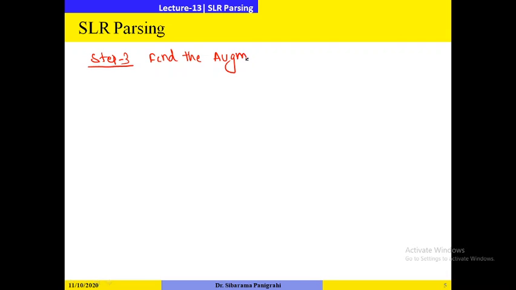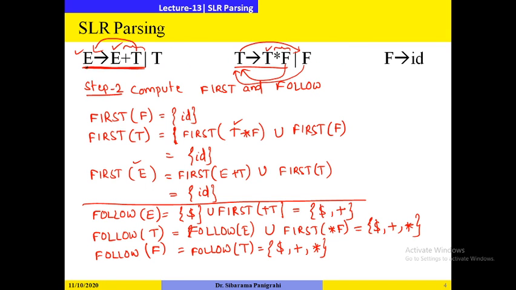So in the augmented grammar, here you see we have these productions: E gives to E plus T, E gives to T, T gives to T star F, T gives to F, and F gives to id. Everything will be there in the augmented grammar.